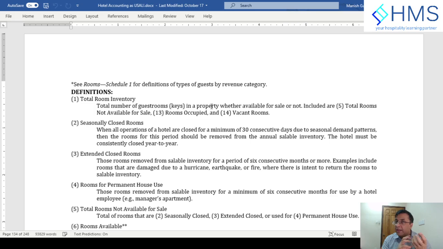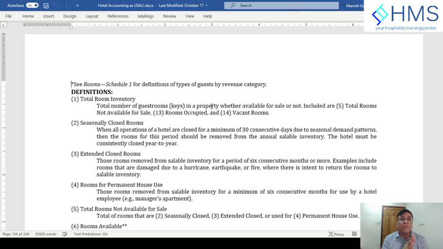Now, sometimes hotels build certain rooms for staff, right? It may be on one floor of the hotel, but they are not intended or constructed to be sold to the guest. Those rooms are not part of hotel inventory, and will not be included in the room inventory.